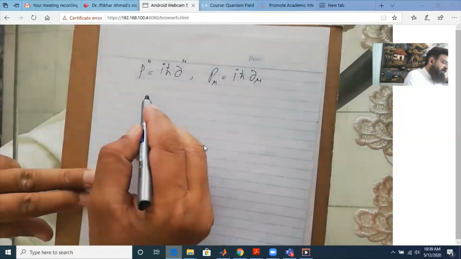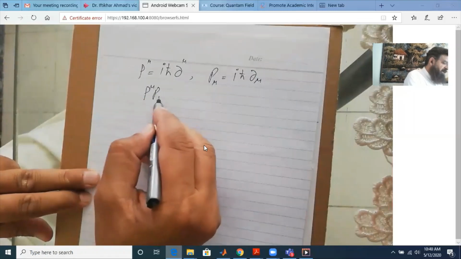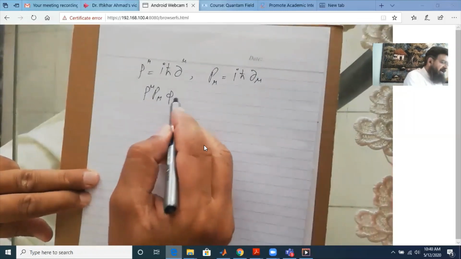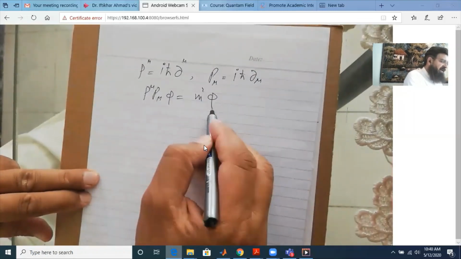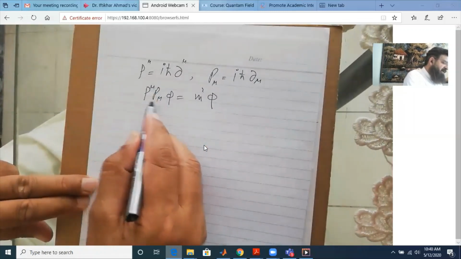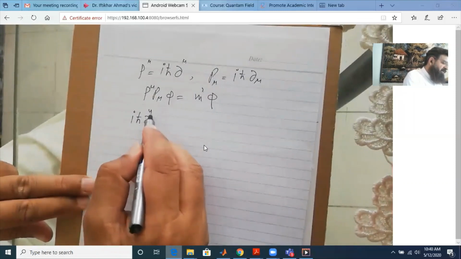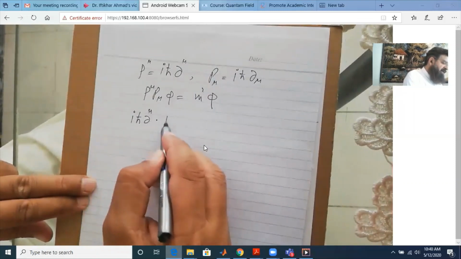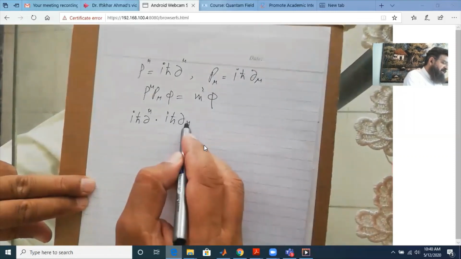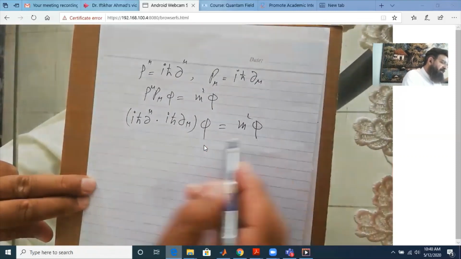So we can put the relation P mu P mu phi equal to m square phi. Putting the value of P mu in this equation, you get i h-bar partial mu, again i h-bar partial mu acting on phi equal to m square phi.